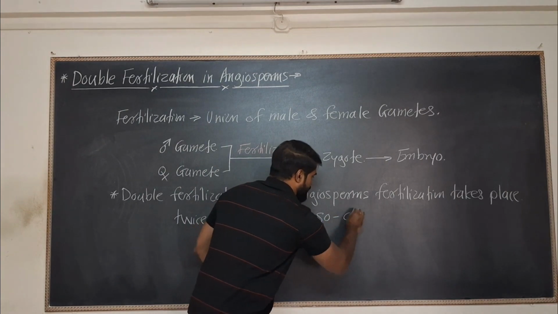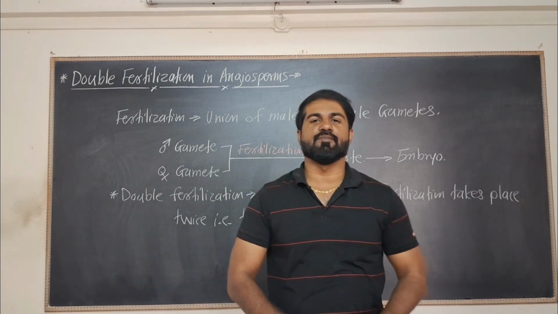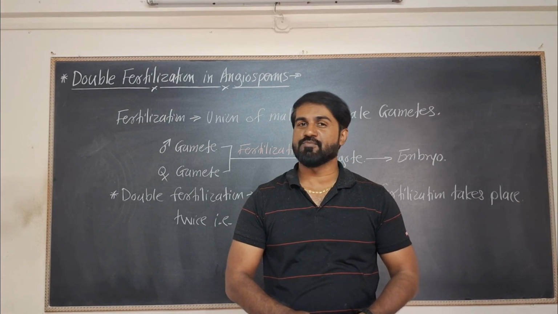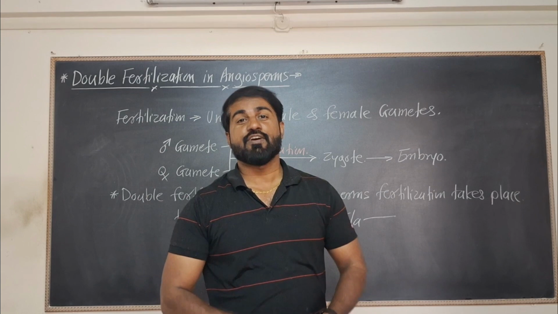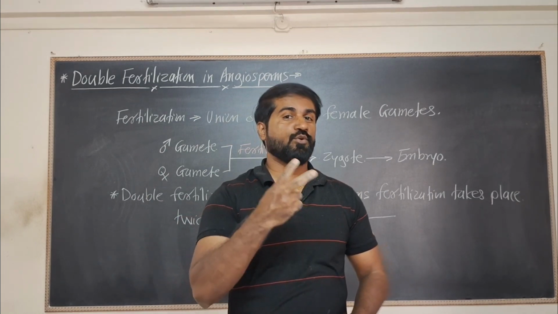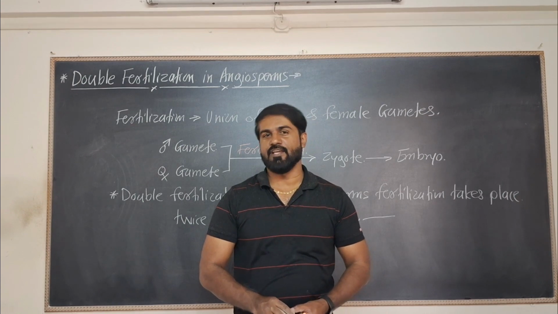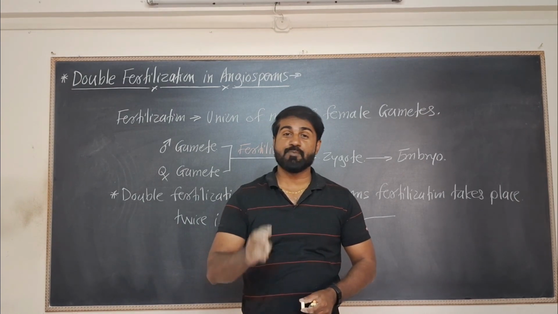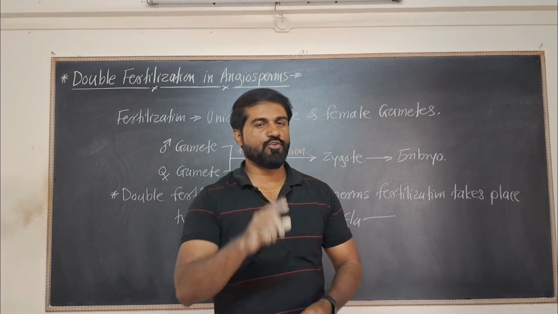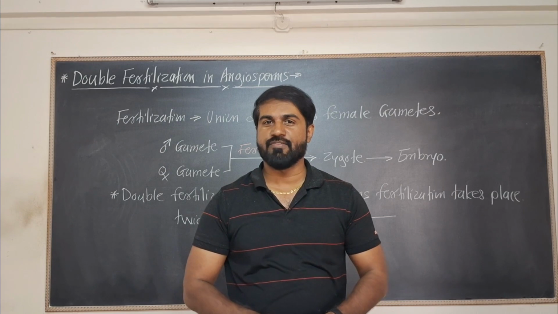So it is called as double fertilization. Instead of happening once, the fertilization will take place 2 times, and therefore it is called as double fertilization. So how the fertilization takes place 2 times, we are going to discuss it right now in the process of double fertilization.